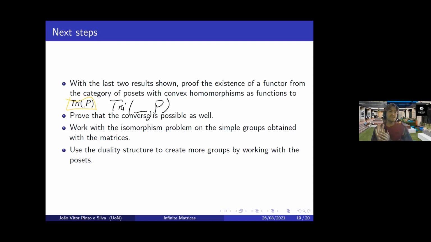One of the ideas that George talked about a long time ago was trying to define a quasi-isomorphism on these posets and things like that. And maybe with that, being able to more easily work out what this will do on the groups. And yeah, that's what I have for today.